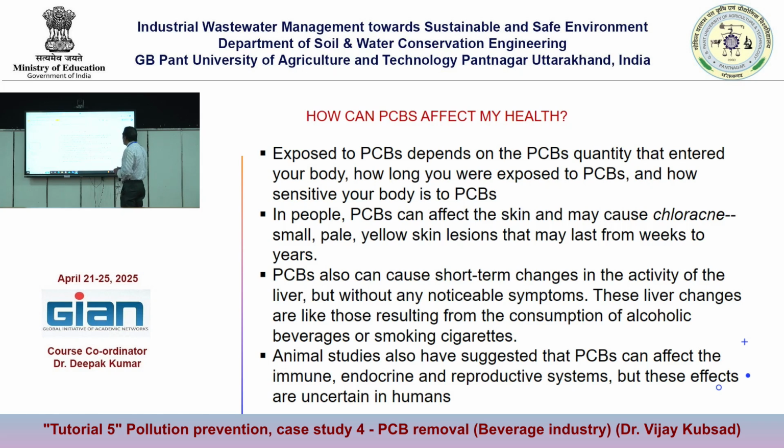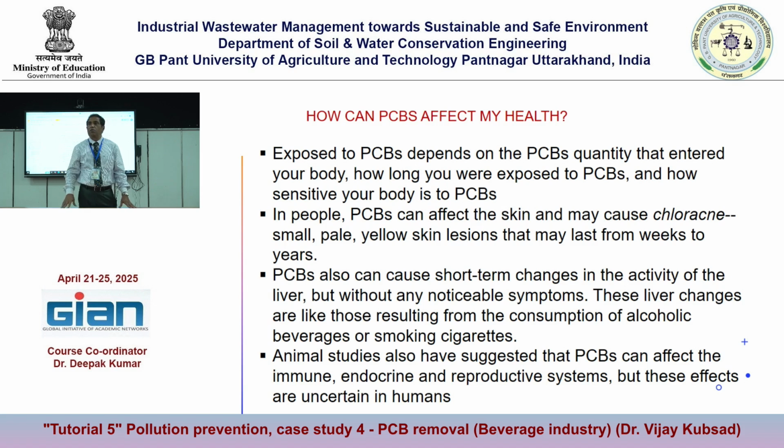In people, PCB can affect the skin and may cause a disease, chloracne, small pale yellow skin bumps, that may last from weeks to years. PCB also can cause short-term changes in the activity of the liver, but without any noticeable symptoms. See, that is still dangerous.